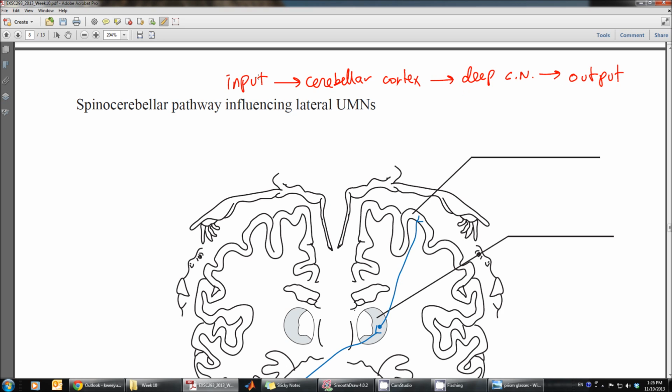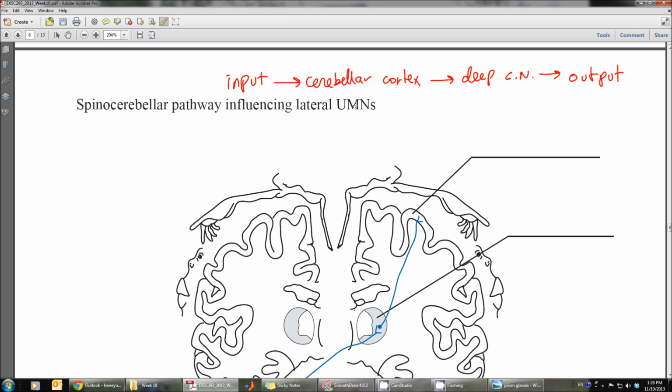The only exception to that circuit is the vestibulocerebellar circuit, which doesn't go to the deep cerebellar nuclei, but goes straight to the vestibular nucleus.